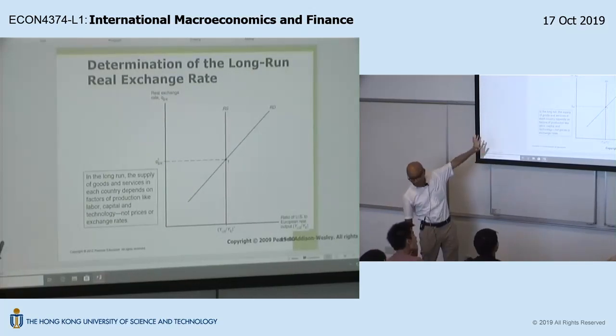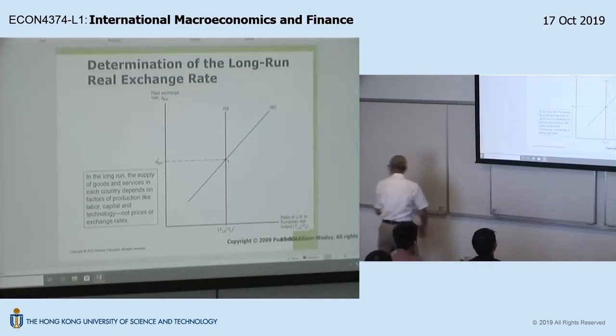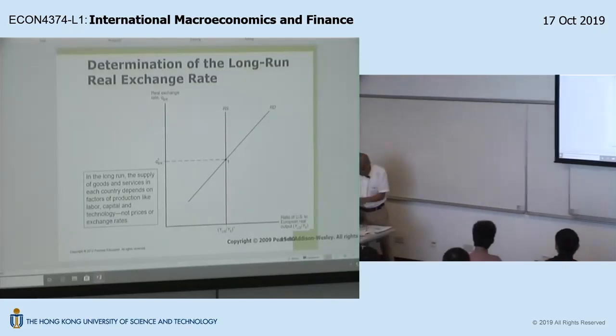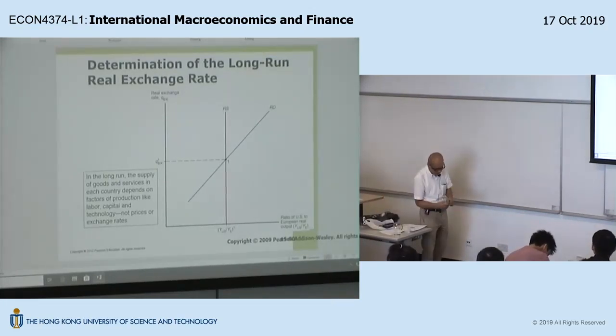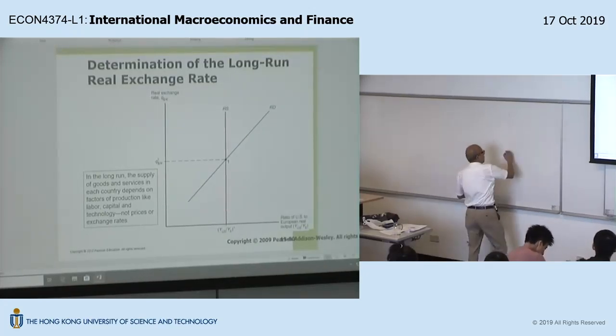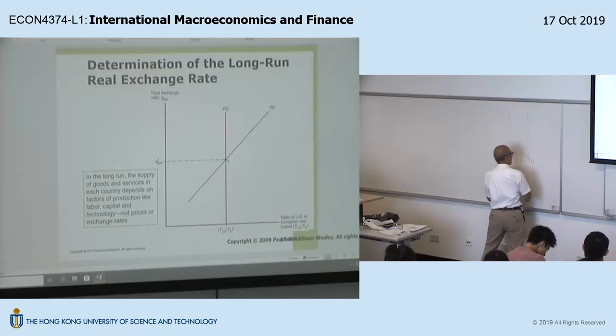The vertical axis, according to my story, is really the relative price of goods produced by the U.S. to that of the price of the basket produced by Europe. So this is YUS divided by YE, Europe.